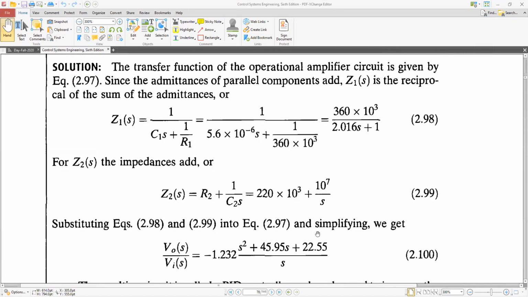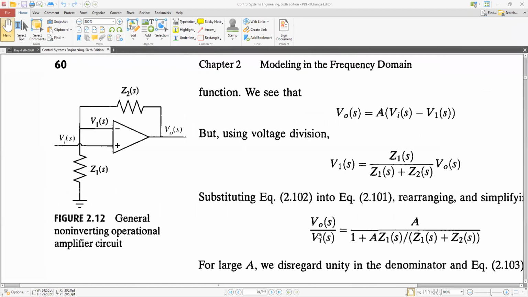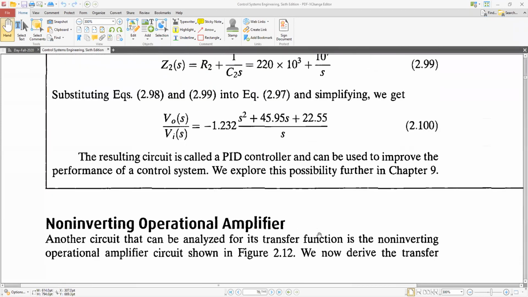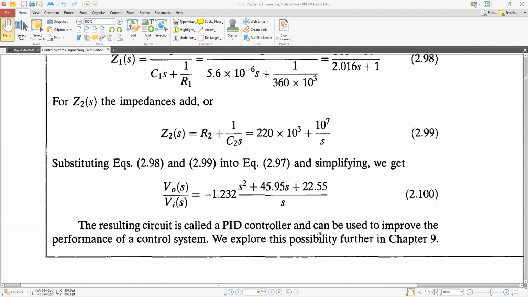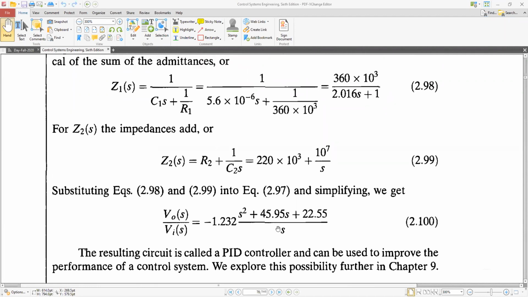Okay, now see, non-inverting amplifier, non-inverting op-amp. There was PID, three terms: proportional, integration, differentiation. We have a lab to get the idea about the PID, so we'll see this in the lab details.